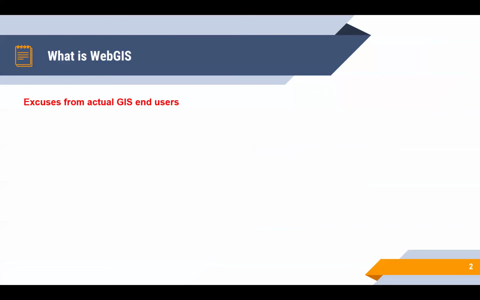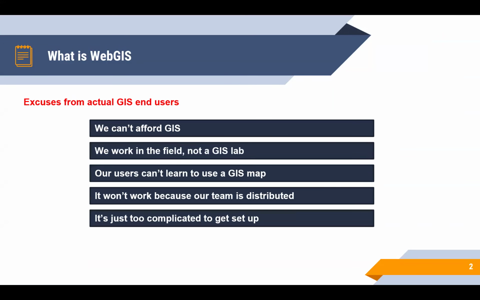The main excuses from the users are, first, they are afraid to use GIS because they think GIS is very costly, and because of that, some companies who work in non-GIS fields outsource the GIS work to other companies.